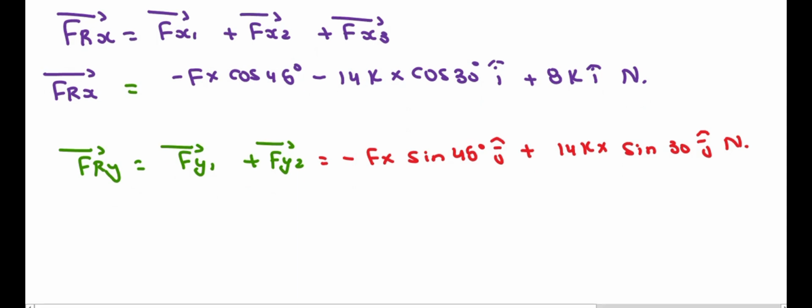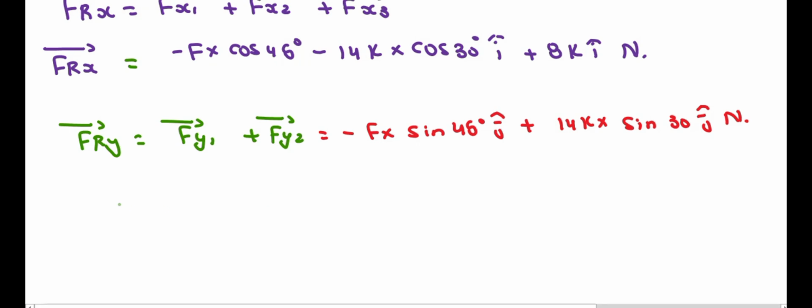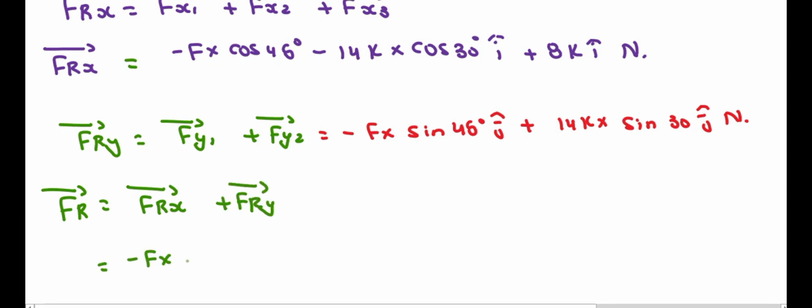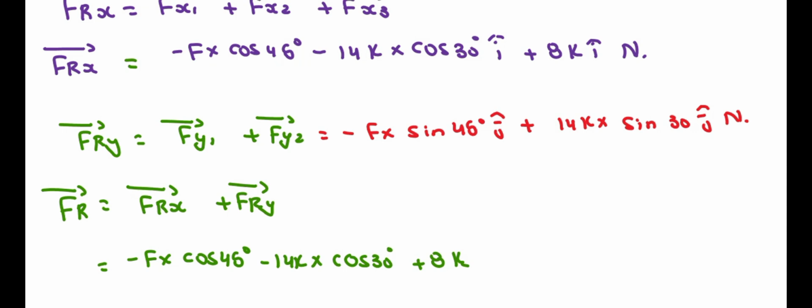Now for the resultant vector, we are going to add FRx and FRy together. So FR is equal to FRx plus FRy. FRx is negative F cos 45 degrees, negative 14 kilo cos 30 degrees, plus 8 kilo i.